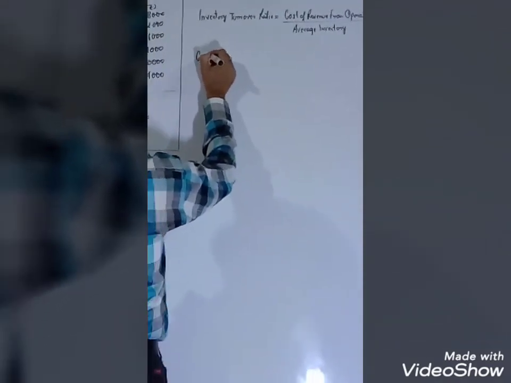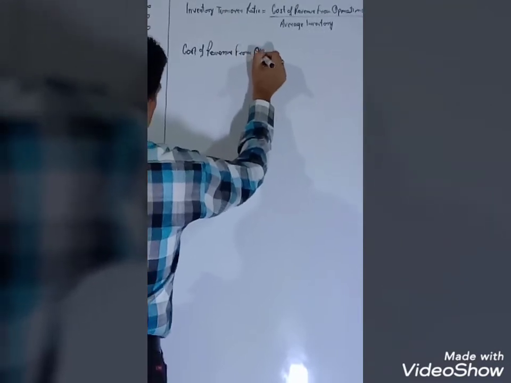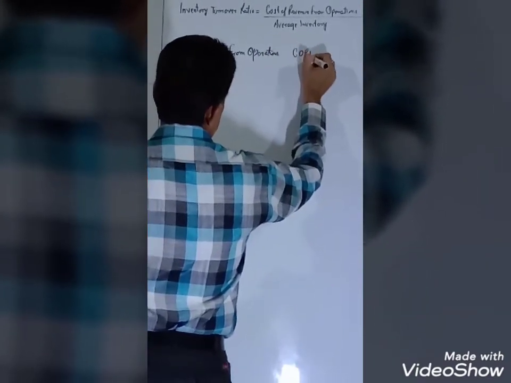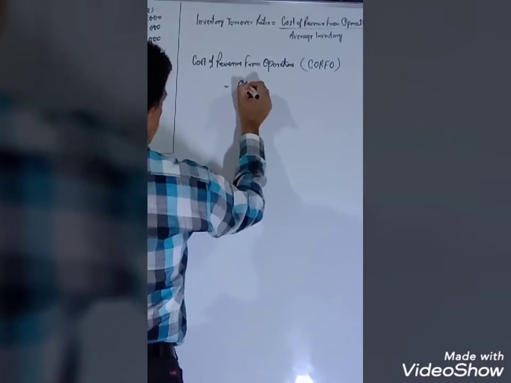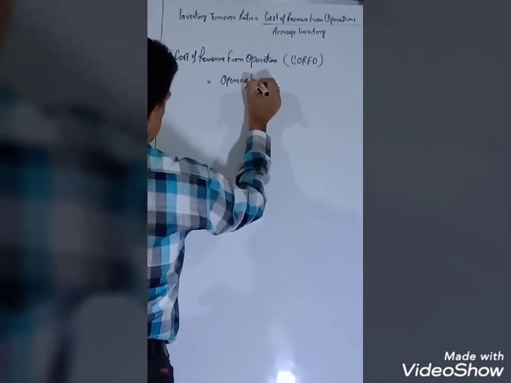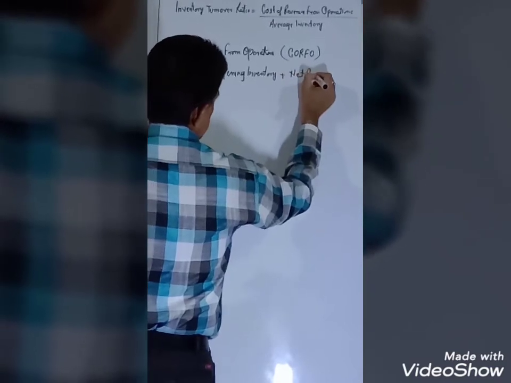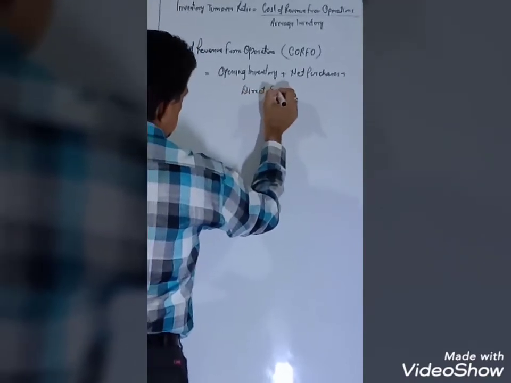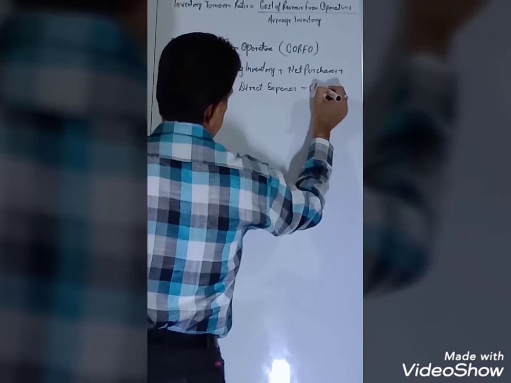So firstly, we have to calculate cost of revenue from operations, which we also call CORFO, is equal to opening inventory plus net purchases plus direct expenses minus closing inventory.